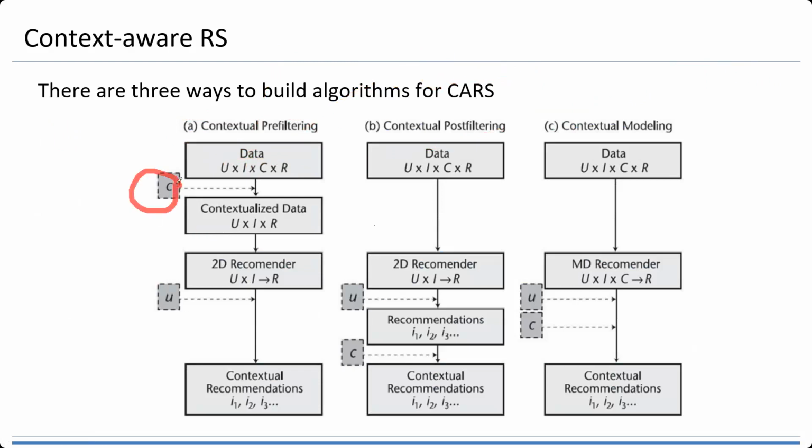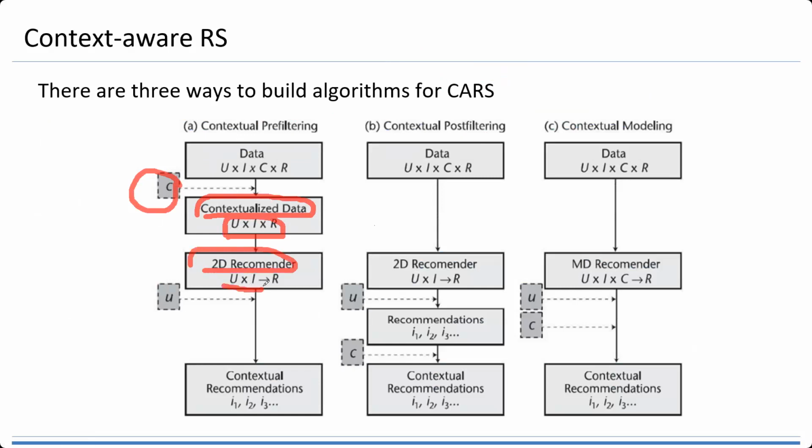extract the context. So we can extract the context. So we have only the U and I and R. For every context data, we have the data, user, item, and rating, and then we can do a two-dimensional recommender.